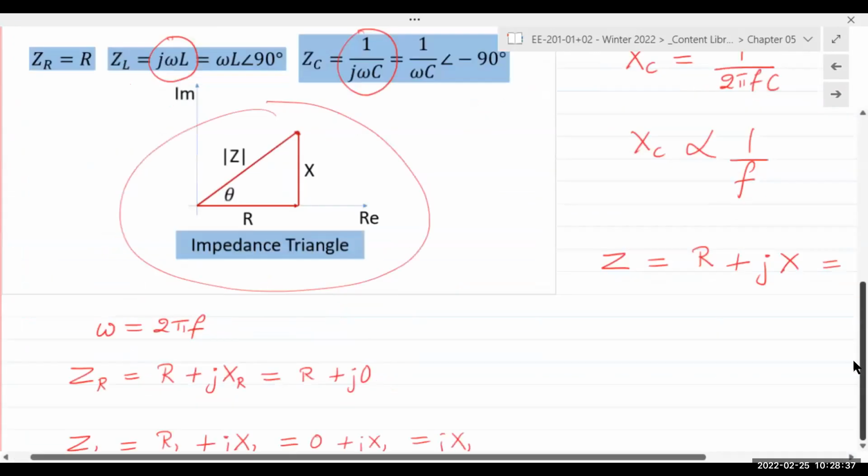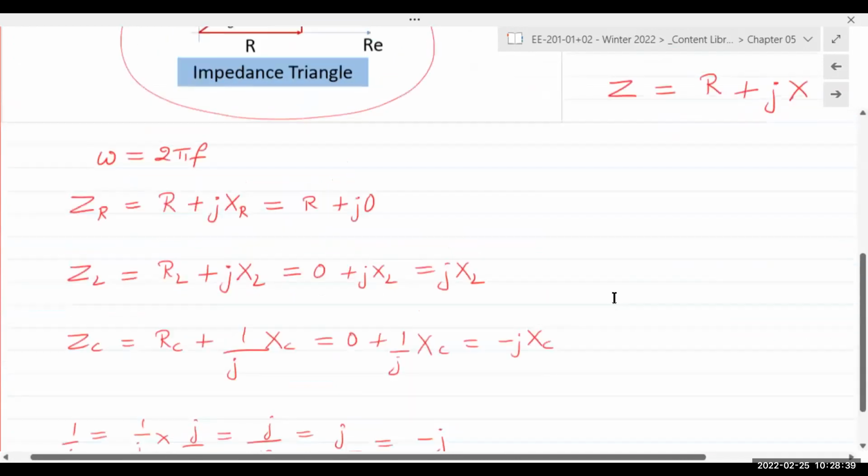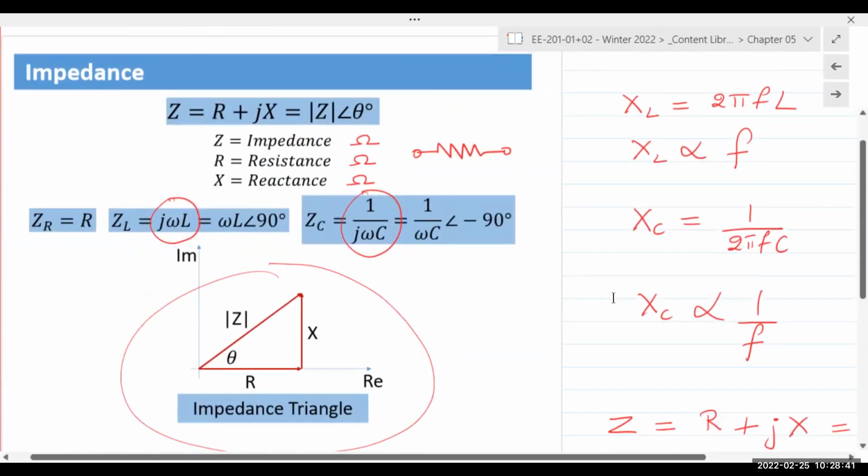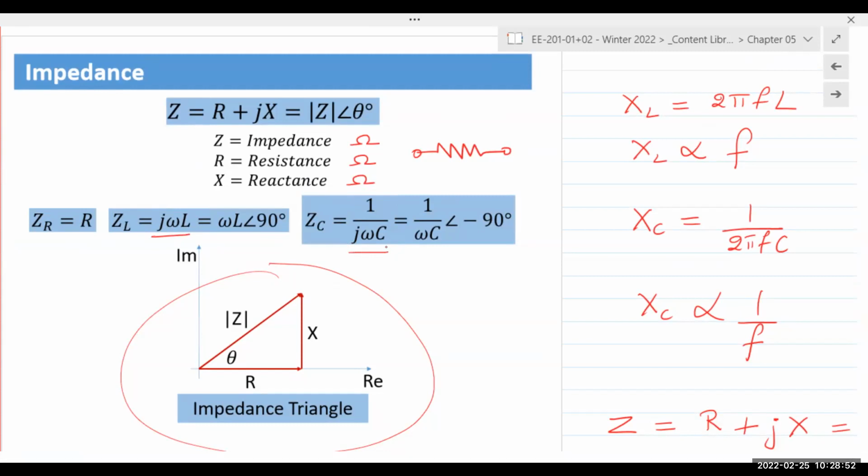Okay. So in terms of frequency, we have ZL is J omega L and ZC is 1 over J omega C. It's basically JXL and 1 over J times XC. XC is 1 over omega C. XL is omega L. In terms of frequency, omega is 2 pi F, so it becomes 2 pi FL and 2 pi FC.